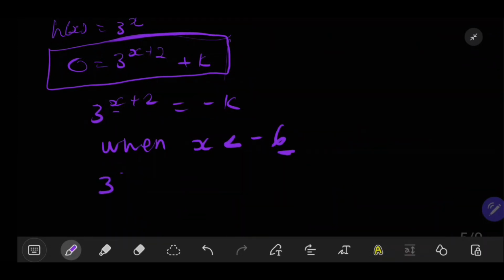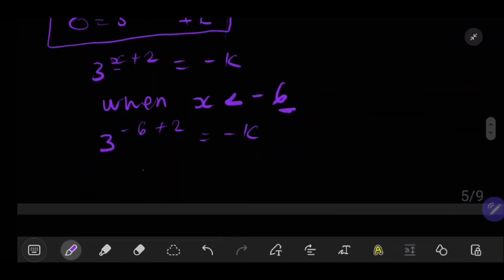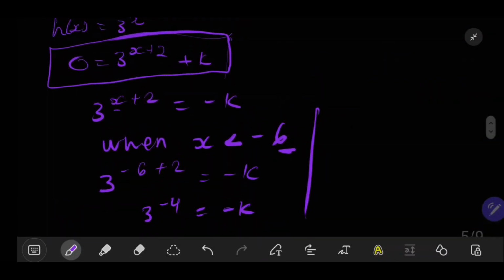Then we have 3 to the power negative 6 plus 2, which is equal to negative k. Actually, we're solving for k. And then we have 3 raised to exponent negative 4, which is equal to negative k. And then we have 1 over 81, which is equal to negative k. Then our k value becomes negative 1 over 81.